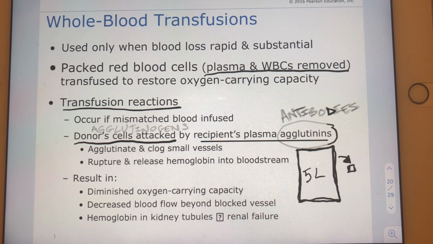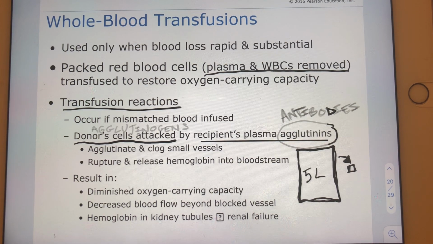The reaction would be so minor in the opposite direction that it is not worth consideration. Okay? Well, the recipient's antigens, the agglutinogens, will, if mismatched, clump to the donor cells, cause agglutination, right? And that's an issue for blood flow.